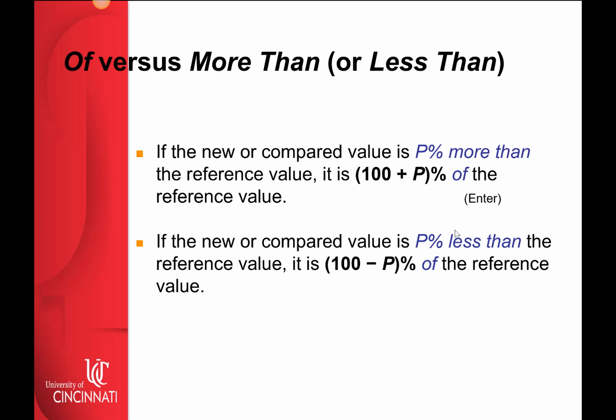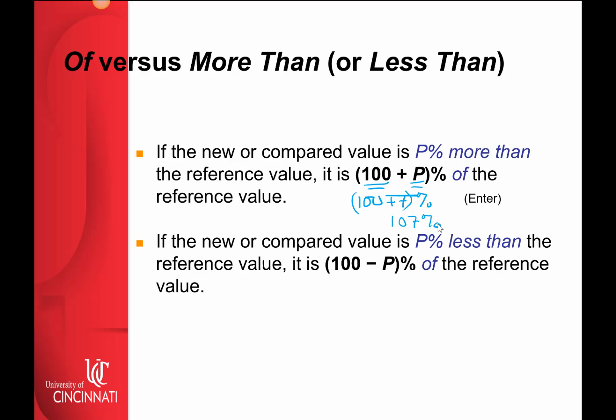The way you figure that out is you take 100 plus whatever the extra is that Nicole gets as a percent. So if she gets 7% more, she receives all of what I receive, plus another 7% over what I receive, which would mean that her salary is 107% of my salary.